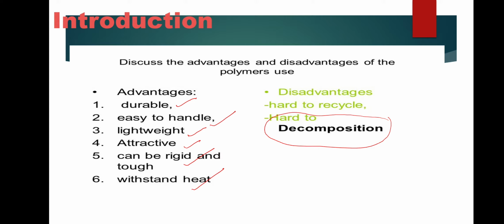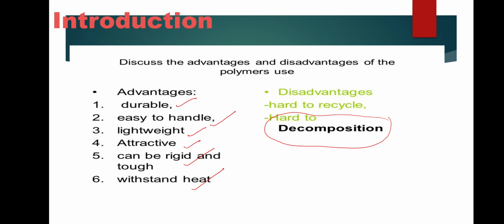Even our implants, like heart valves, blood vessels, and catheters, the tubes which we put inside the body, are made of polymer. So it has a wide application and a large number of polymers are there.